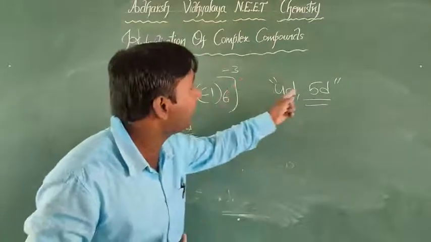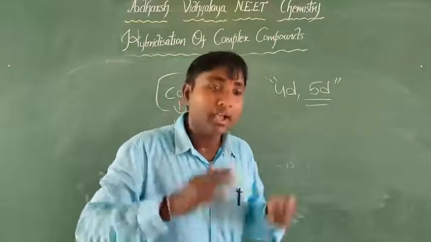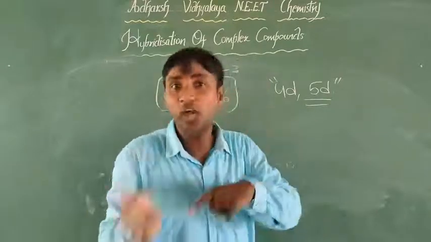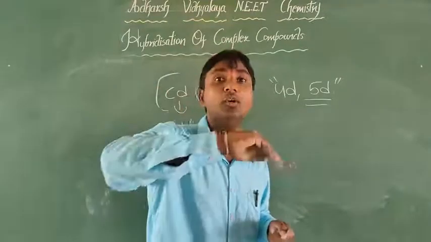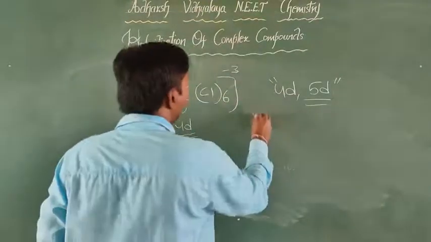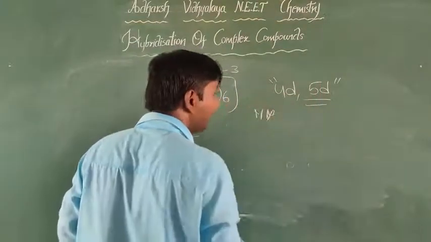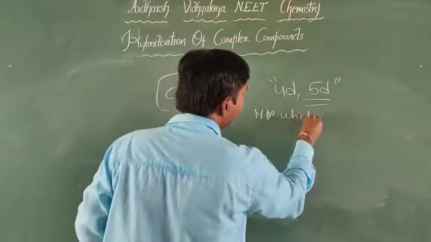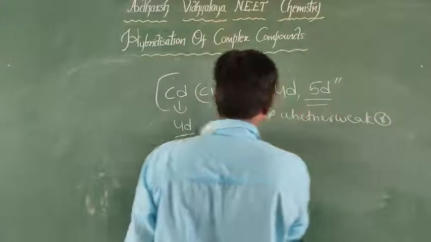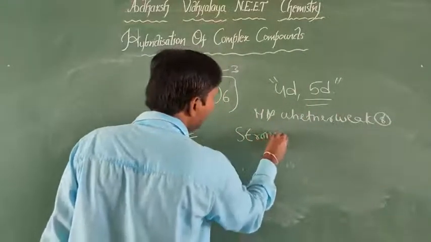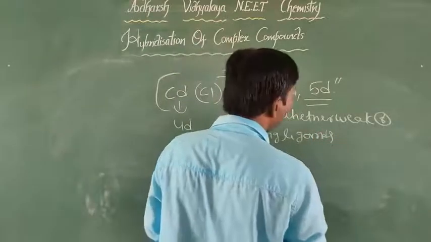But in the case of 4d and 5d series elements, whether weak field or strong field ligand, electrons undergo pairing only.